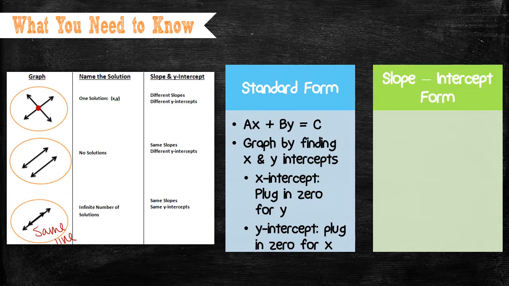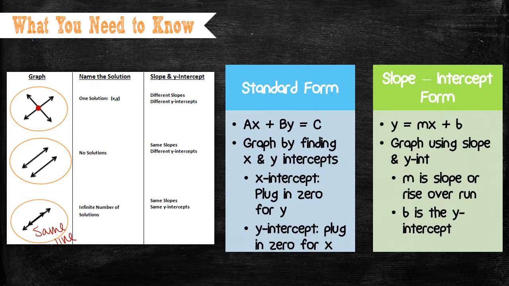The second form that we often see is slope-intercept form, and that's y equals mx plus b. Here we graph using the slope and the y-intercept. Remember that your m is your slope, or your rise over run, and that b is your y-intercept. Remember also when you're graphing slope-intercept form, you must graph your y-intercept first before you can use your slope.